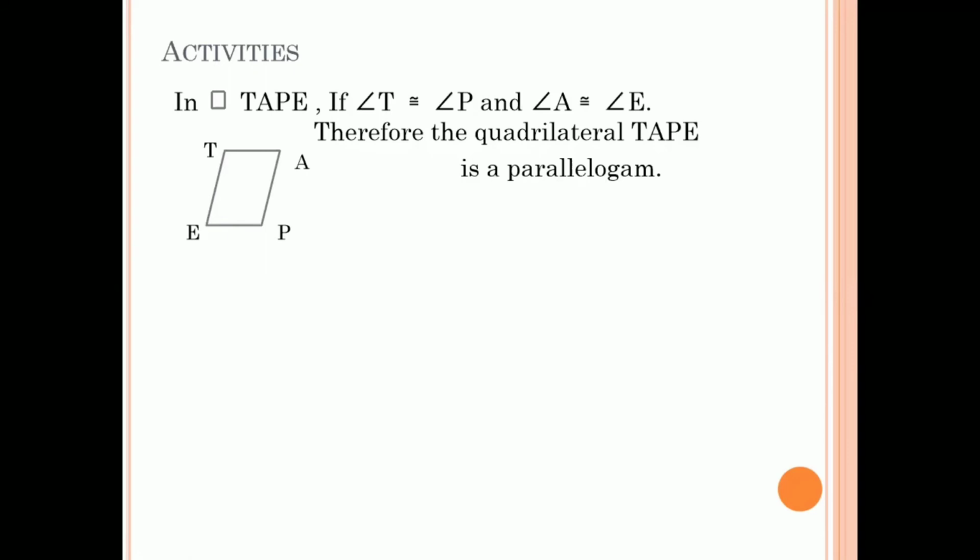Okay, now we have activities. In parallelogram TAPE, if angle T is congruent to angle P, and angle A is congruent to angle E, therefore the quadrilateral TAPE is a parallelogram because of the definition of a parallelogram, right?